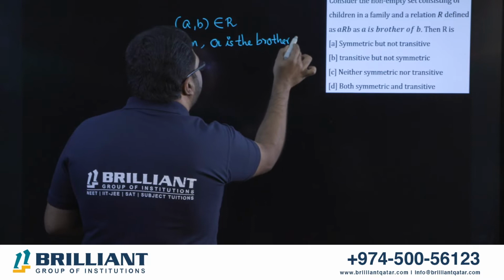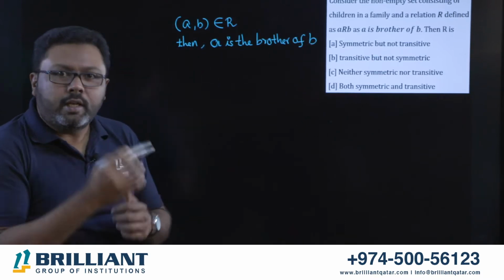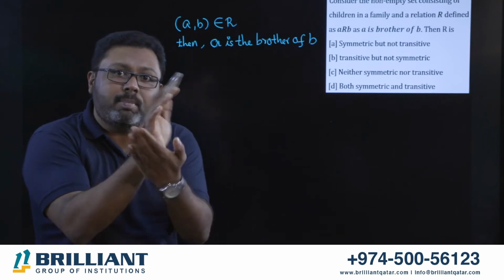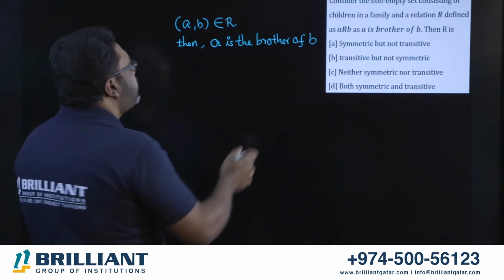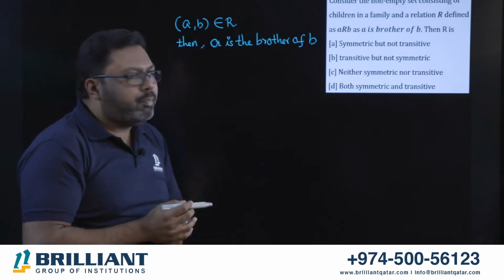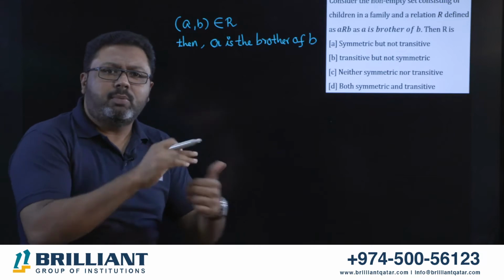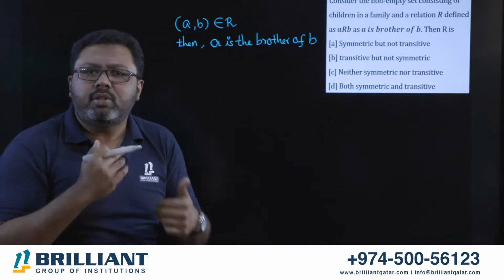That is what is said in the condition. Now, is the symmetric pair B comma A also in the relation? Let us try to think backwards. If A is the brother of B, is it necessary that B should be the brother of A? No, it is not necessary.